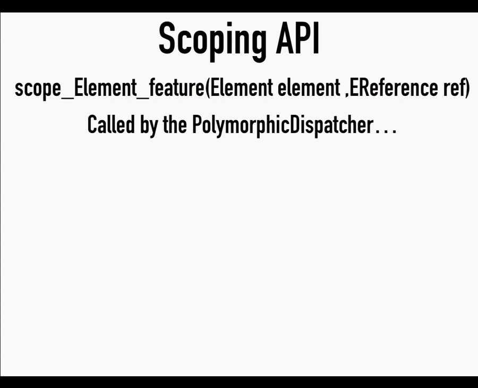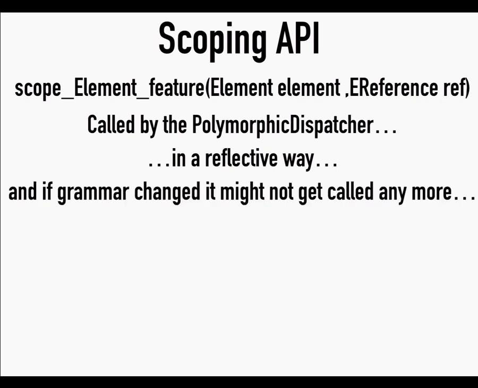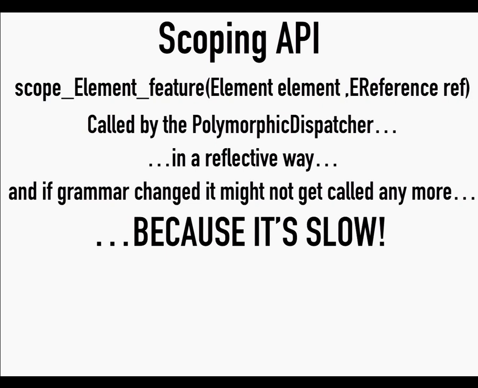You might have a look at the polymorphic dispatcher that is using reflection and calls those methods in a reflective way. Of course, that is error-prone, because magic is not always a good thing. When you write that method in your implementation and you change your grammar, then it might not get called and you will not recognize it. Nobody will tell you that. Your tests are broken and you wonder why. And of course, it's slow.